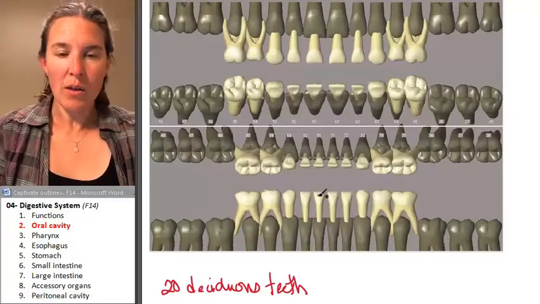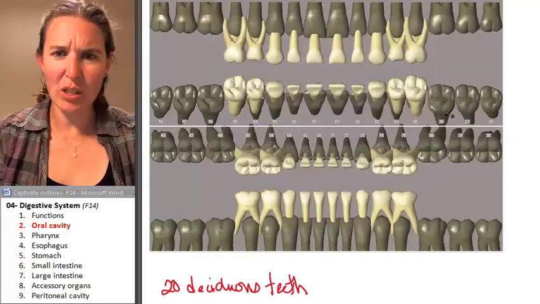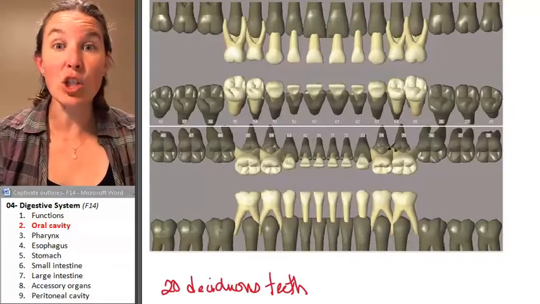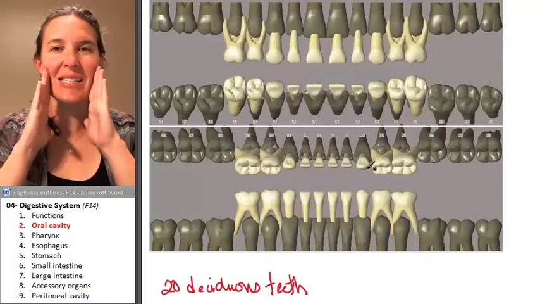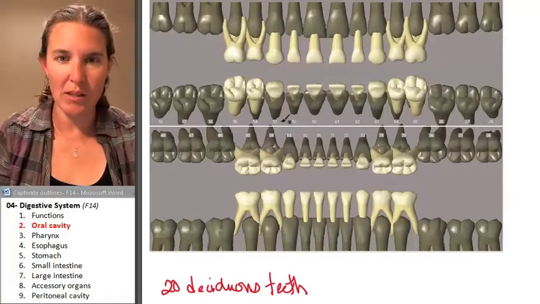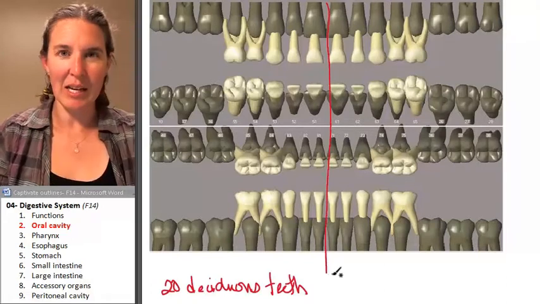Now, orient yourself here. This is an upper jaw or an upper maxilla. This is the lower jaw or the mandible. And we have two sides, and we just laid out all these teeth so that you can see the whole thing. But this is the midline. Like if I drew a line down the whole thing, that's my midline.